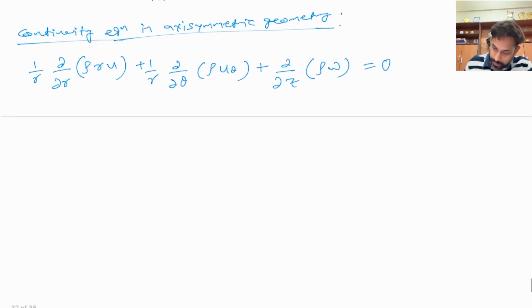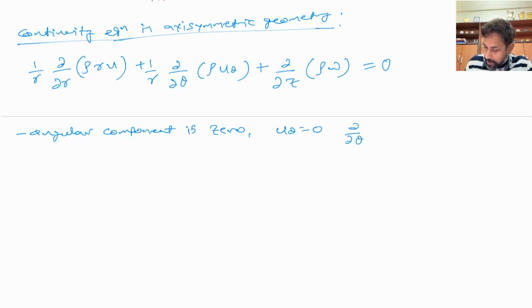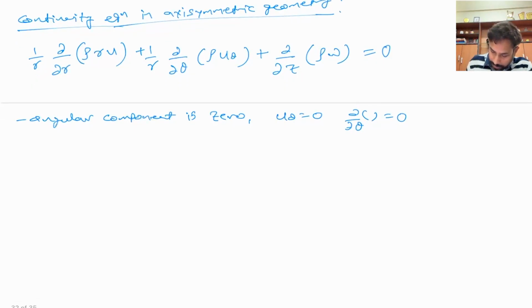And what we do here, we already know that the angular component is 0, and that is why u theta is simply 0, and also d by d theta is 0. So the middle term can simply be neglected, and this equation becomes 1 over r d by dr r u plus d by dz rho w is equal to 0.